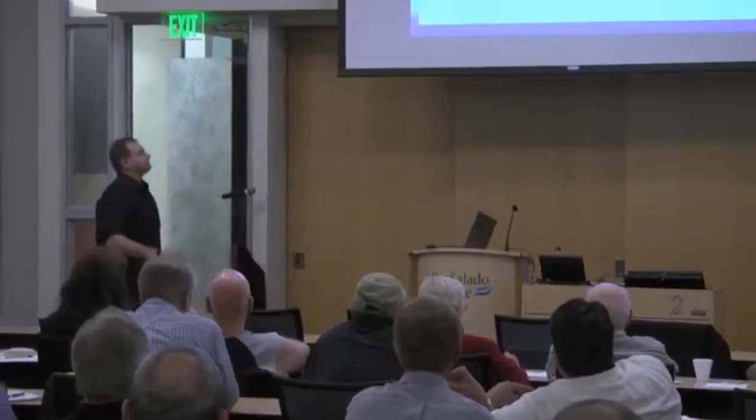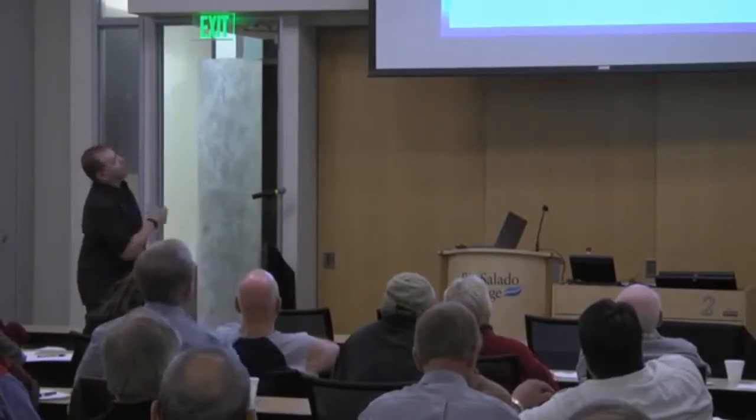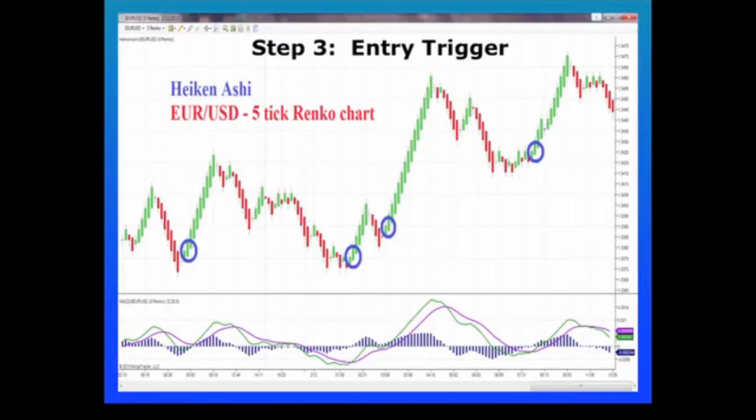2 mini lots. Right? Now, this is a 5-tick Renko chart. Same thing, euro-dollar, same kind of a time frame. This is slightly different, but also I cheat and I combine the Renko with Heikin-Ashi.